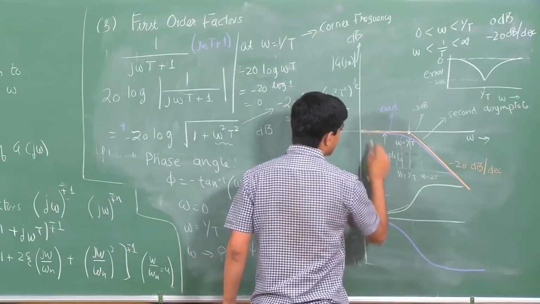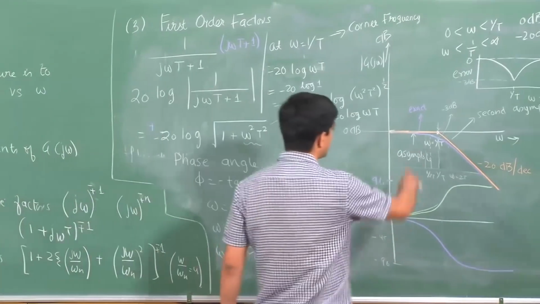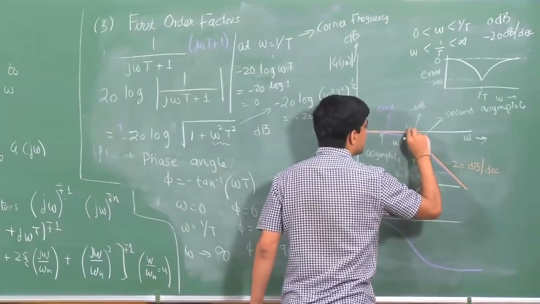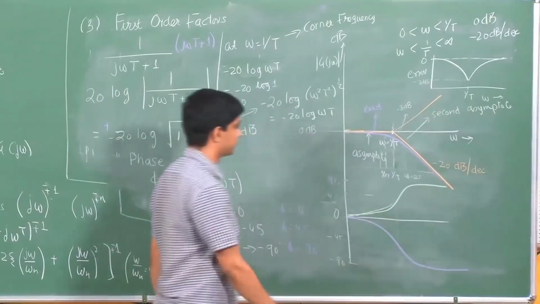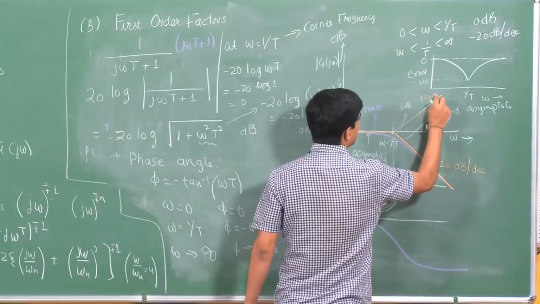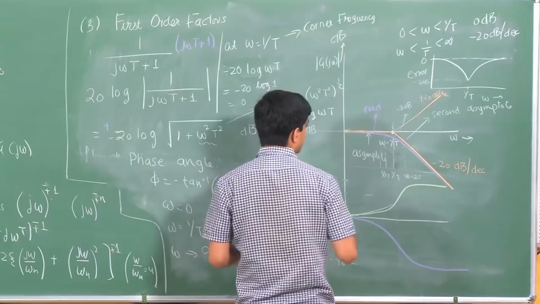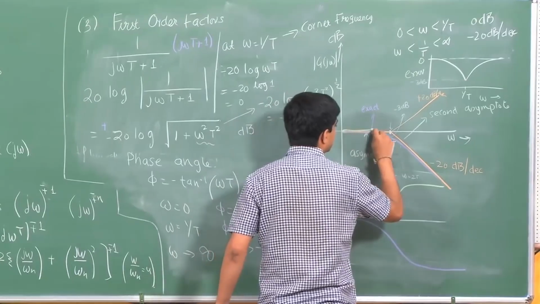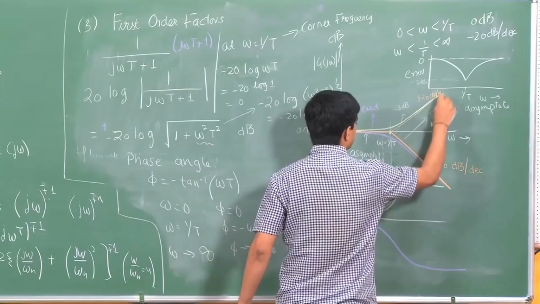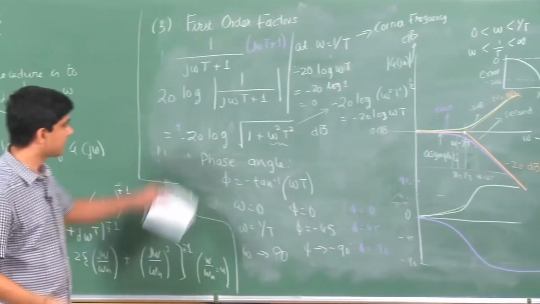If I draw the asymptotic magnitude plot using the same color, assuming both have the same corner frequencies, it will be like this. It will have a plus 20 decibel per decade slope, and the exact plot would look something like this for computing the errors, and then it just asymptotes here. It's a very straightforward computation.